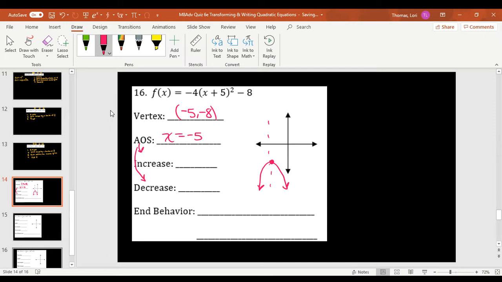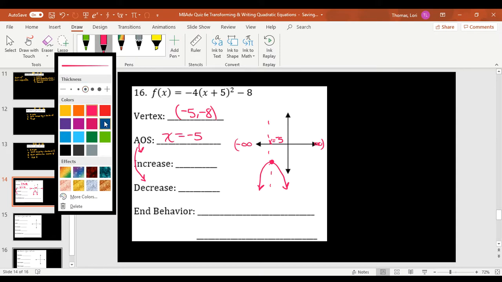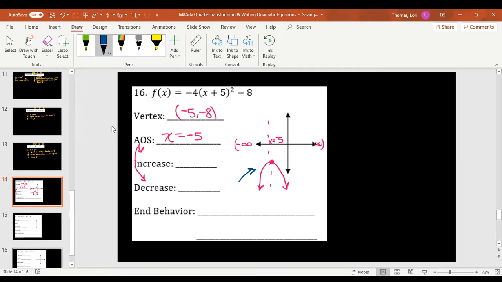So now let's do increase and decrease. So, x equals -5, and then we have positive infinity. So let's talk about the increase. So our graph is increasing on the left side of the AOS.